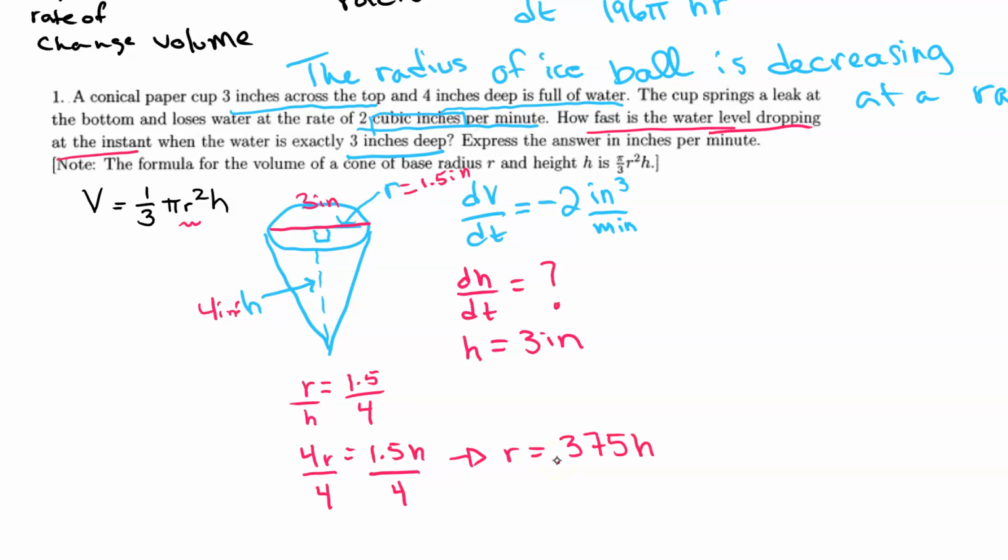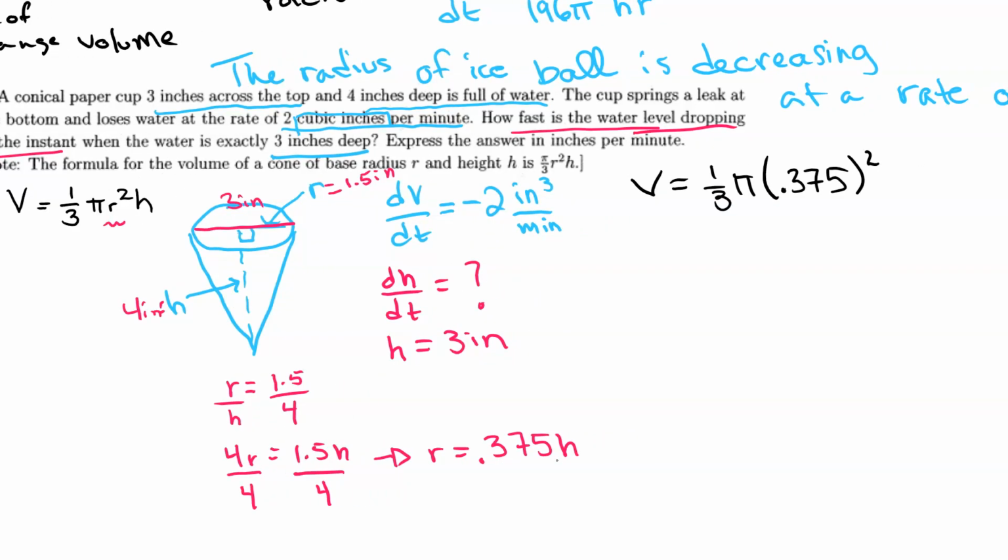So we're going to substitute that into our equation before we differentiate. So our equation, V equals 1/3 pi times 0.375 squared h.